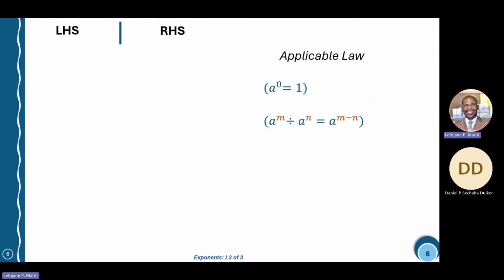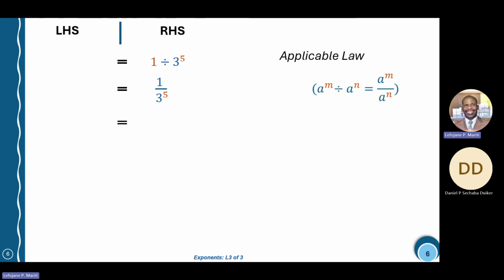What happens on the right-hand side? It's still 1 divided by 3 to the power 5, and on this side we're doing the long route. First, change the notation to write it this way, and then we expand. It's 1 over 3 that must appear 5 times in repetition of the multiplication, but then there's no cancellation possible here.